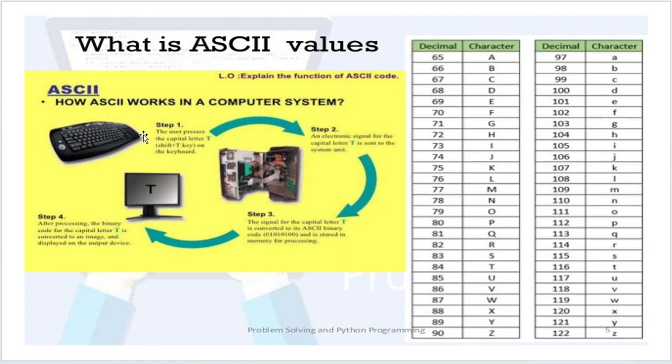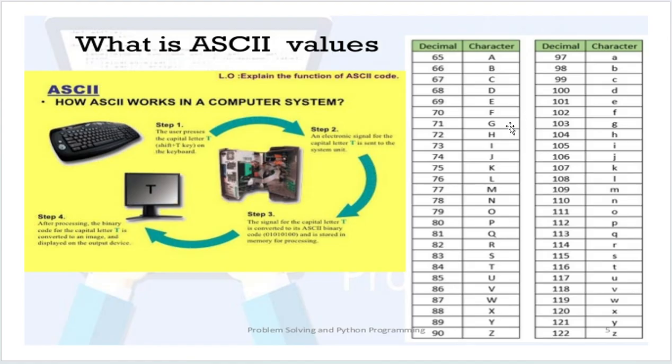The key press is sent as a signal to the system, converted to binary ASCII values in zeros and ones, and stored in memory for pre-processing. Once it is processed, the original letter will be displayed on the monitor for our understanding. But the systems can understand only zeros and ones. So this is how ASCII works in a computer system.